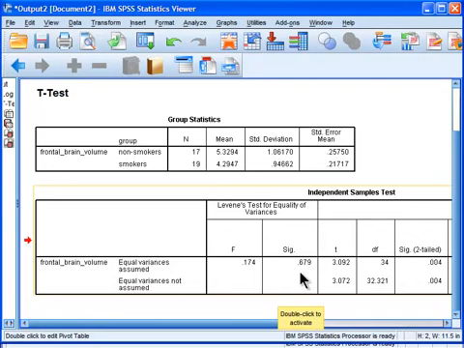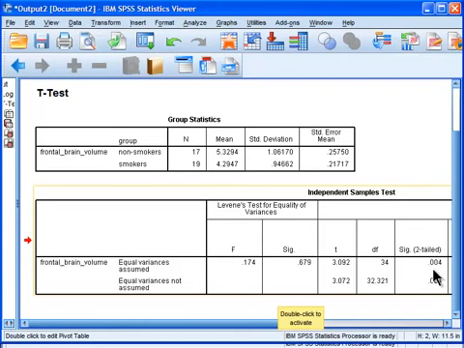But in these data, because the significance value in Levene's test of equality of variance is not 0.05 or less, we're confident that we can interpret the regular t-value and the significance level associated with this t-value. So t is equal to 3.092 with degrees of freedom of 34, and the significance level is 0.004.